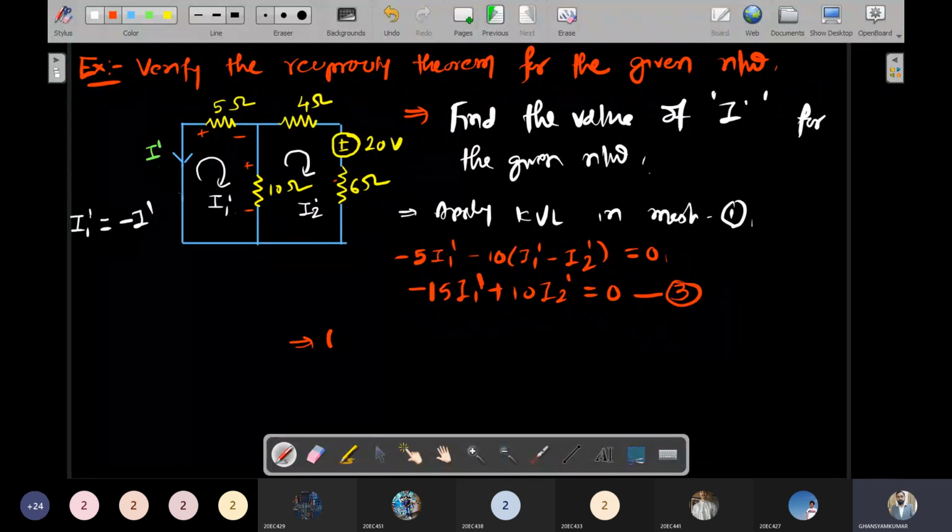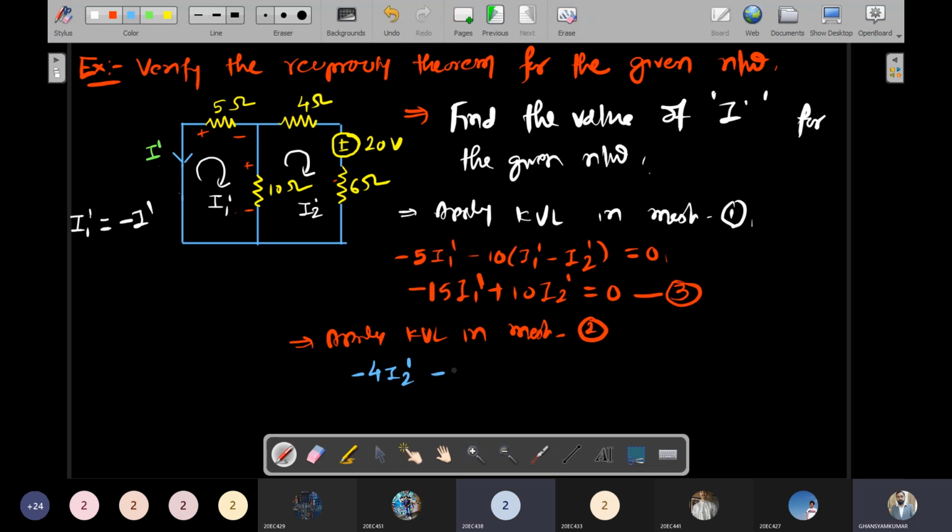Now apply KVL in mesh 2. Tell me the equation for mesh 2. Minus 4 I2 dash, correct?